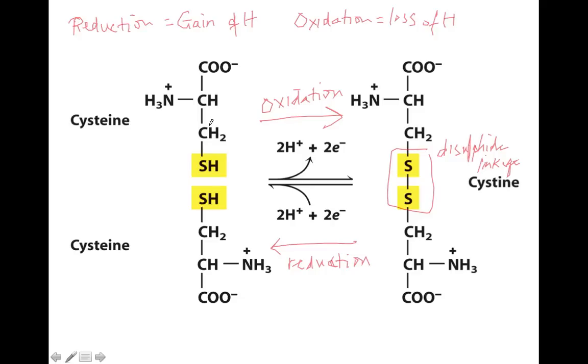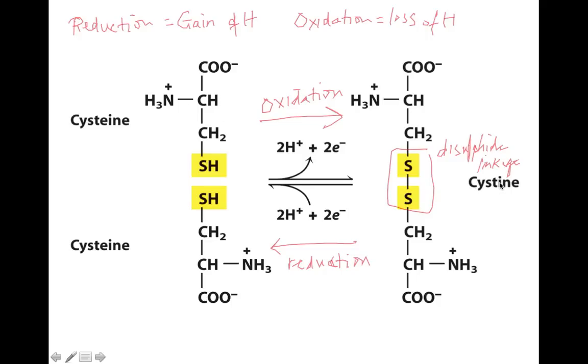So, let's just recap that again. Alright? Two cysteine molecules will undergo an oxidation reaction where the two sulfhydryl groups will react together and lose their hydrogens via oxidation process to form a disulfide linkage. And when two cysteine molecules combine, they form one cystine.